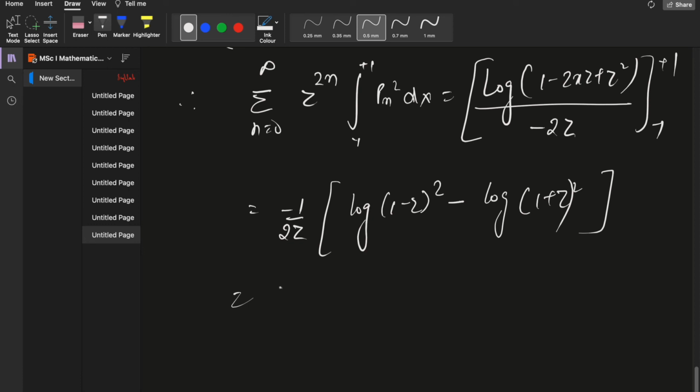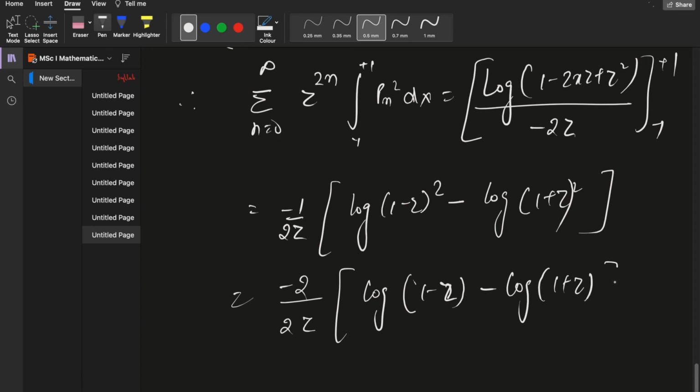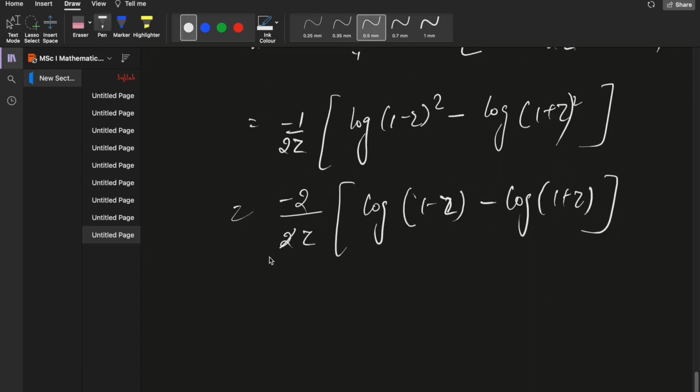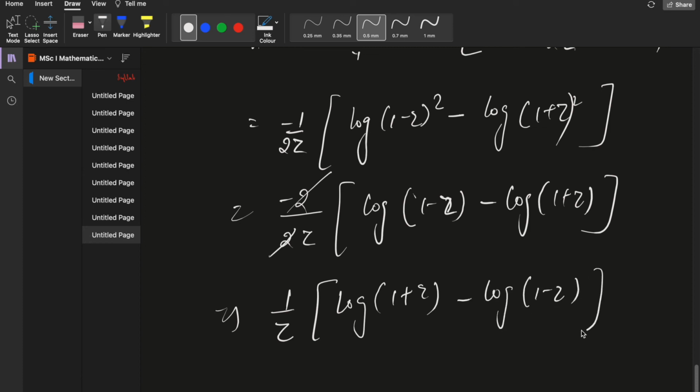So this is minus 2, 2z of log 1 minus z minus log of 1 plus z. Just multiply minus 1 inside, so this will come 1 upon z, log of 1 plus z minus log of 1 minus z.